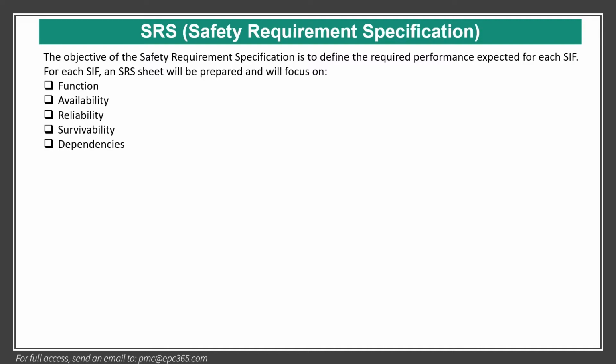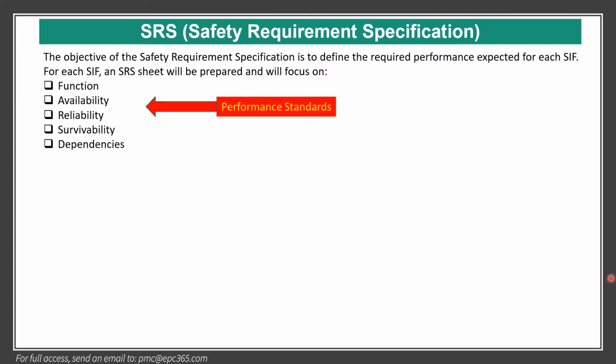There is a list in our e-courses, and you look at the SIF, and then for each SIF, an SRS sheet shall be prepared and will focus on function, availability, reliability, survivability, dependency, and these are performance standards.